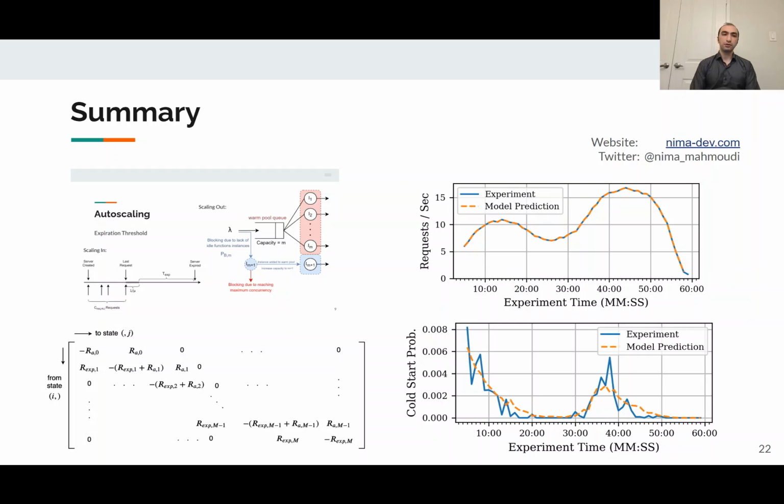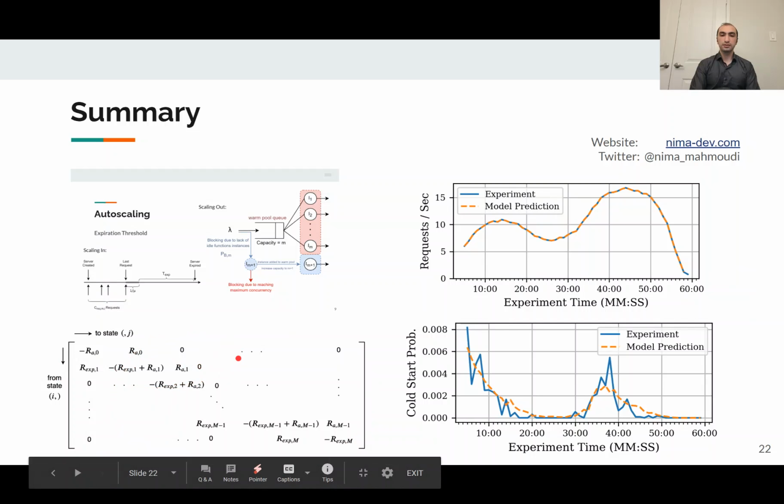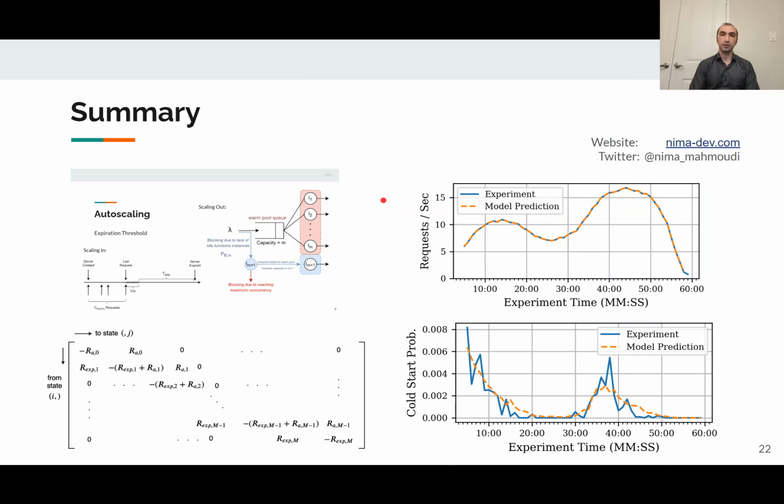In summary, we developed a performance model for the system that was described in our system description phase. Based on that, we calculated all of the rates and performed temporal predictions.